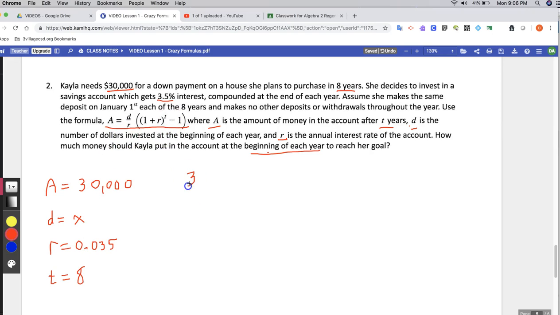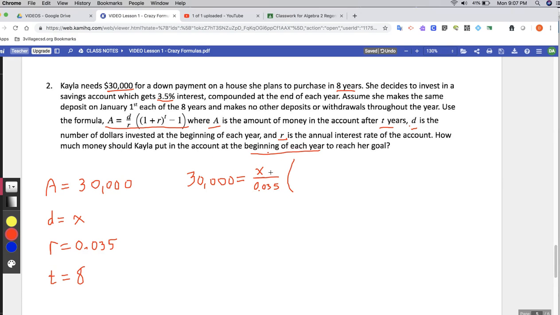So again, our formula says A, which is 30,000, should equal D over R. D is our unknown, so I'll write X over R, and R is our interest rate, which in this problem is 0.035.